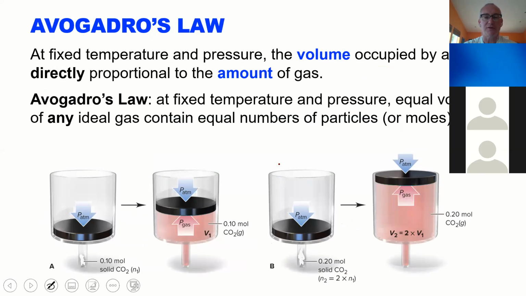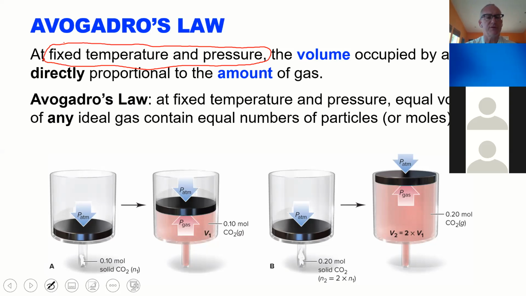And then Avogadro's law, we can call this the balloon law as well. In Avogadro's law, the temperature and the pressure are both fixed. Back in his day, Avogadro did reactions that resulted in the release of gas.